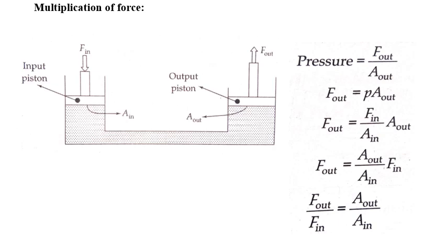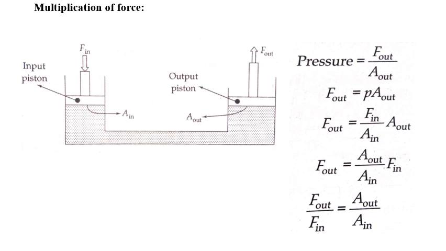Cross multiplication, F out equal to P into A out. Simplification, in the place of P, F in by A in, and the multiplication factor A out as it is. And again simplifying, F out equal to A out by A in, and the multiplication factor here is F in.